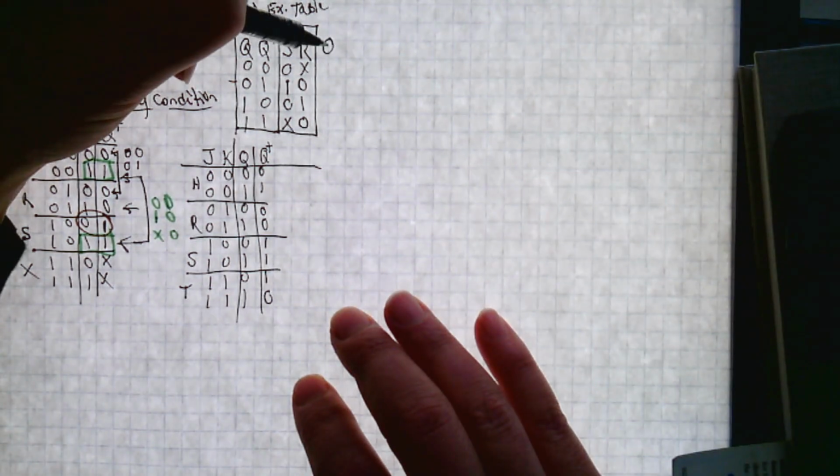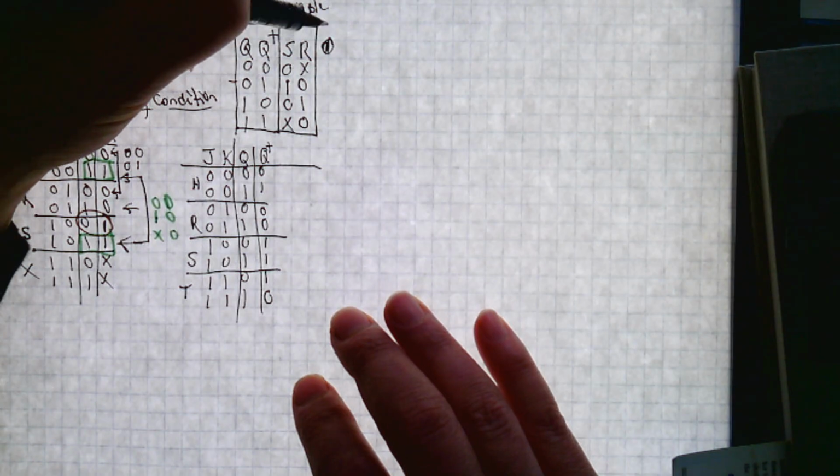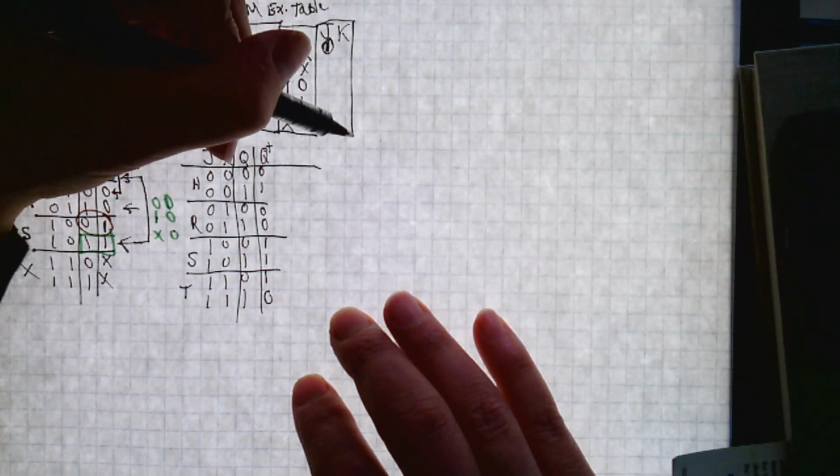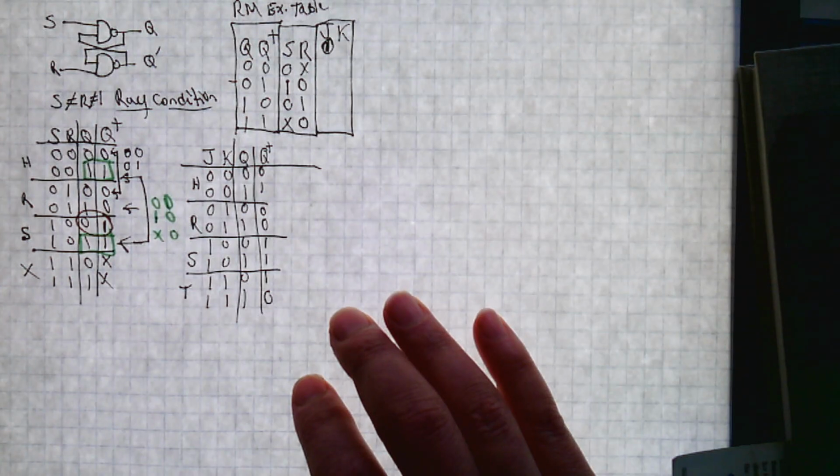That materially changes the excitation table now. Because now when we write JK, I need more colors. I like color.